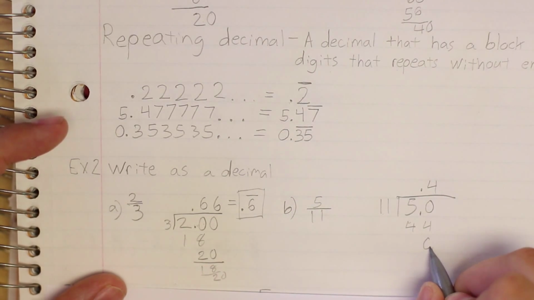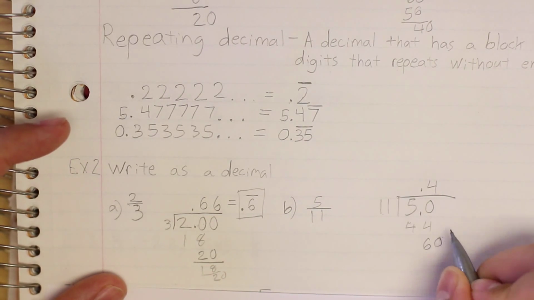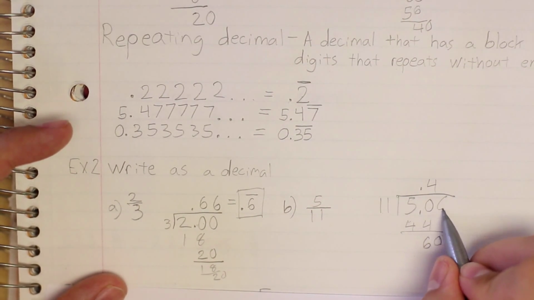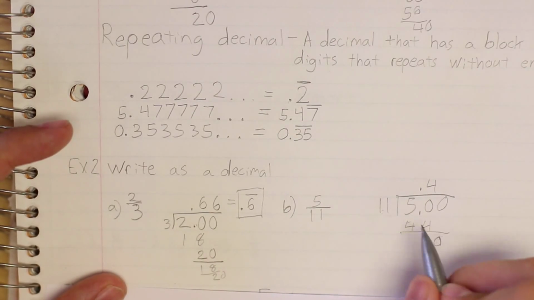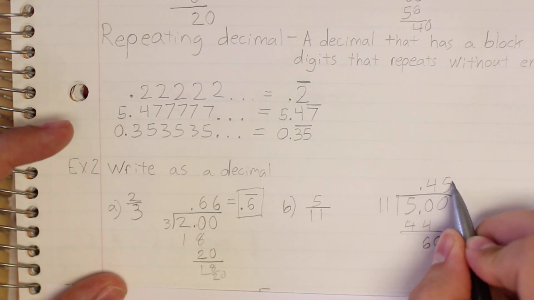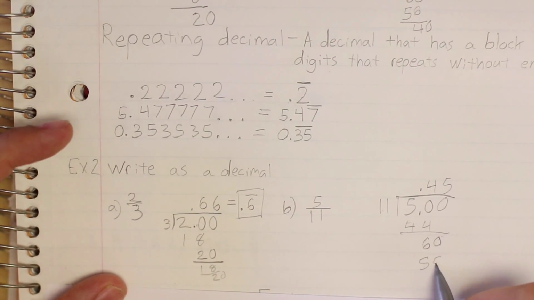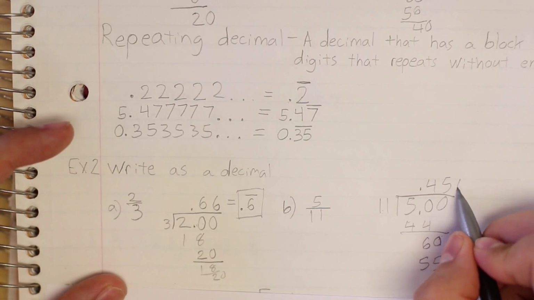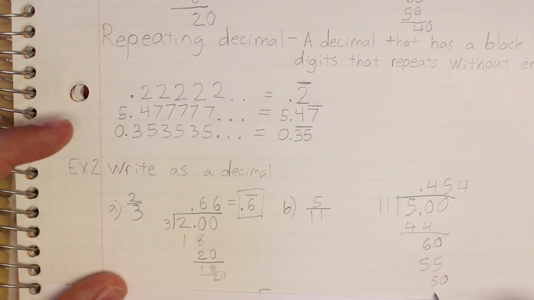You would subtract, you would get a 6. You would make it a 60, because you bring down another 0. 11 into 60 is 5. Multiply back, you get 55. You're going to subtract and get 5. You're going to get a 50. Multiply that, you're going to get a 4. Multiply back, you're going to get a 44.